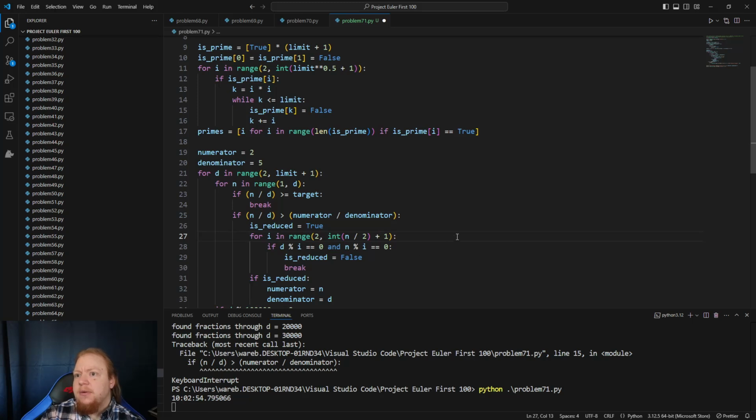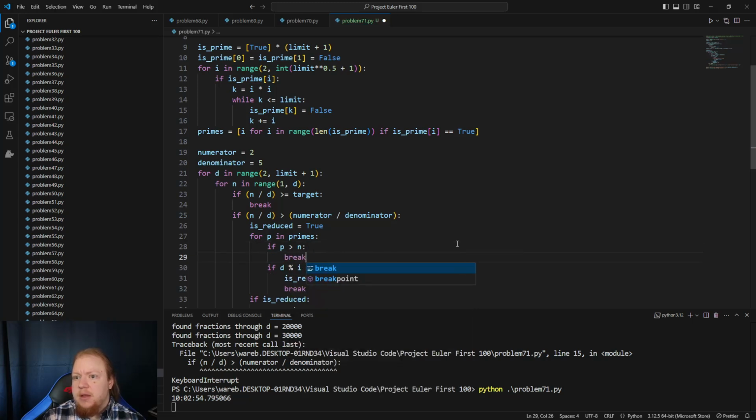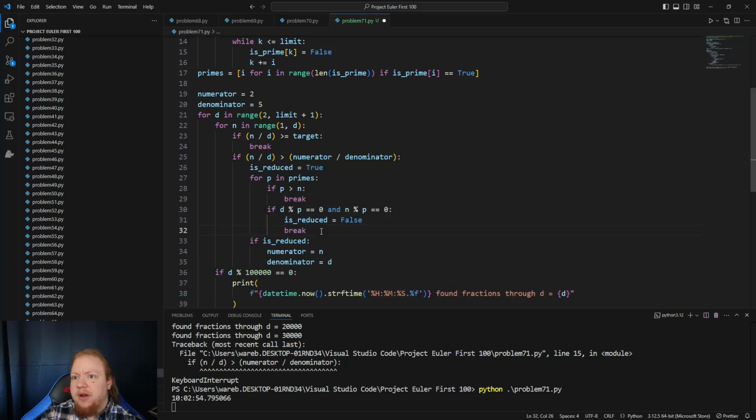And then I am going to say for key in primes, if key is greater than n, then we break. Otherwise, if it is a factor of both the denominator and the numerator, then it is not a reduced fraction and we break.